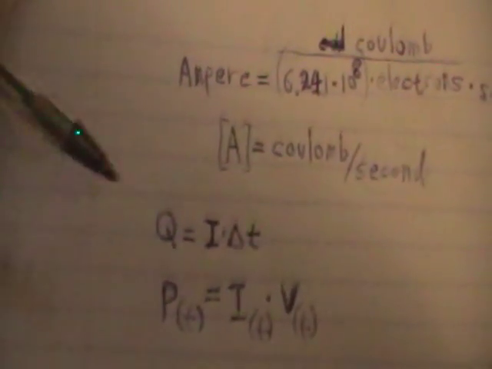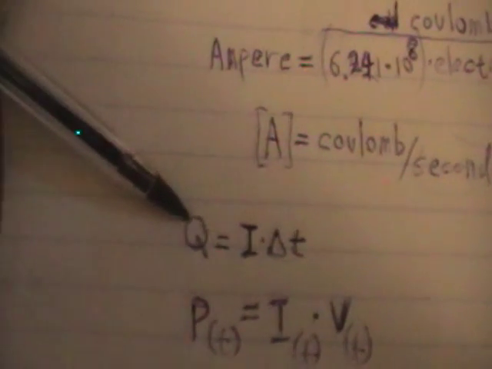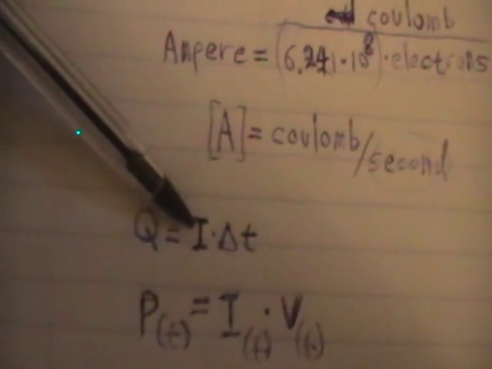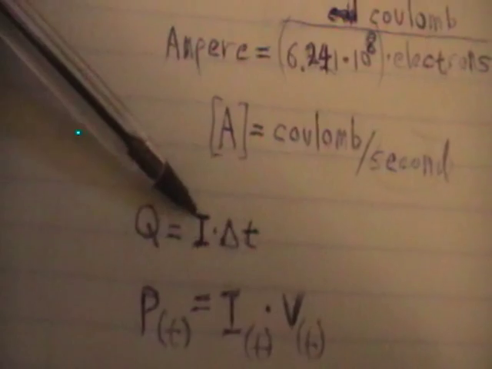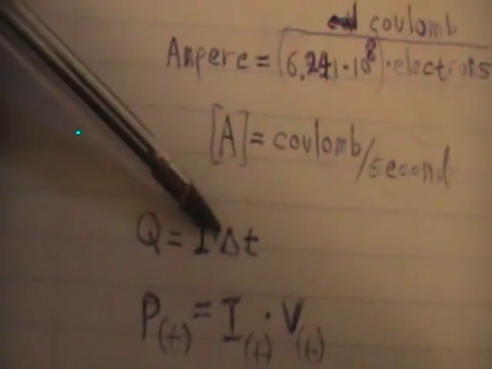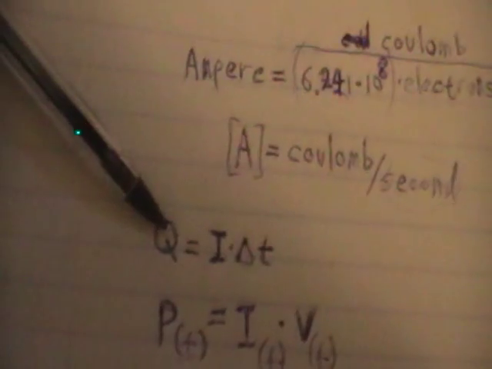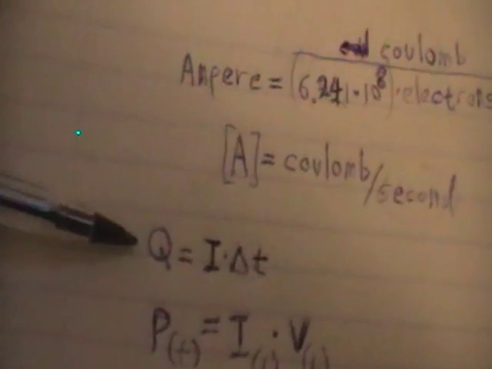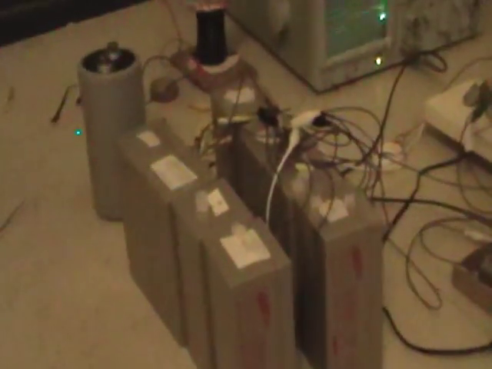So, what is charge? Electric charge. Electric charge can be explained by this formula, which basically means having a certain amount of current per time, which can give you charge. I'm interested in this formula because in here what we want to talk about is some kind of a capacitor or a battery.